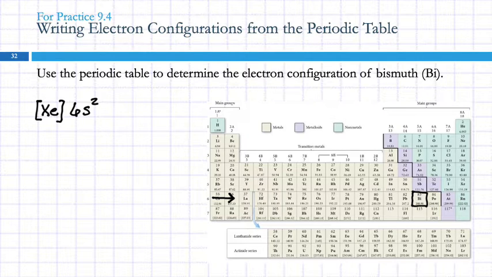Now, you know, things get a little wonky, but let's just do it this way. There's 5d1, and then we follow the arrow and we come down here, and this is the F block.